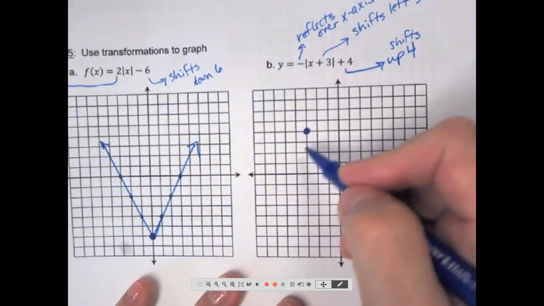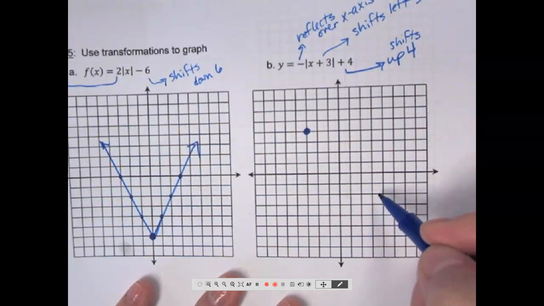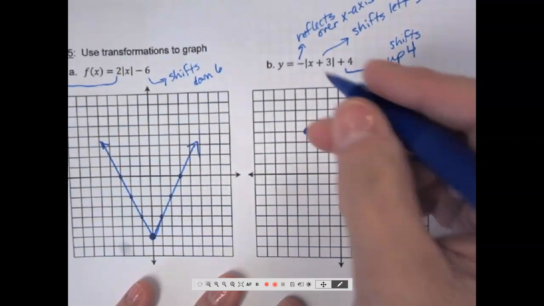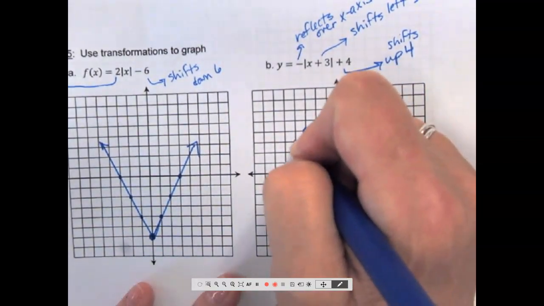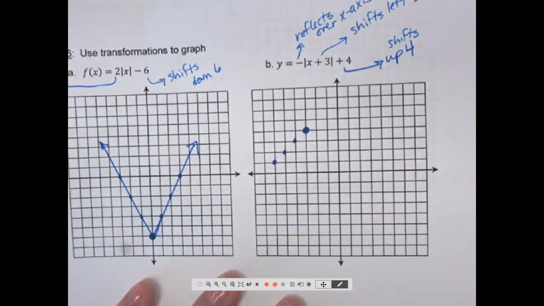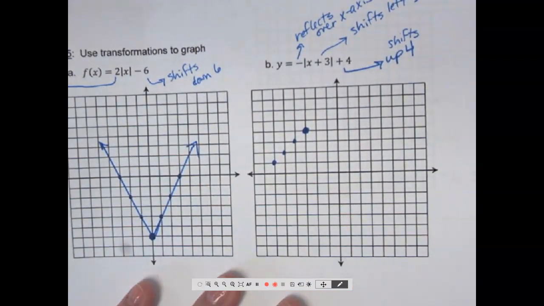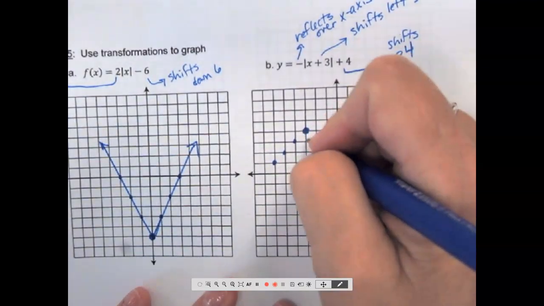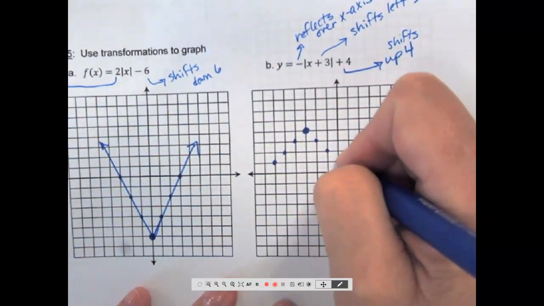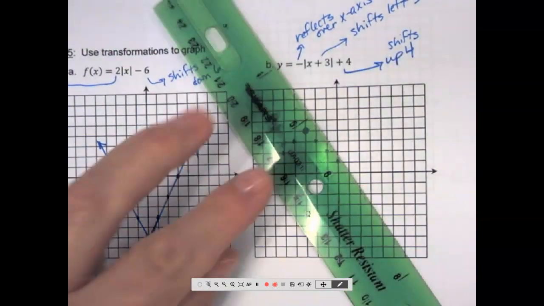So what are my two slopes that I'm going to use? -1 and 1. Okay, so I'm going to go down, over, down, over, down, over. There's my positive slope because I went in two negative directions. But if I go down and right, that's a positive and a negative, so that's actually my negative slope.